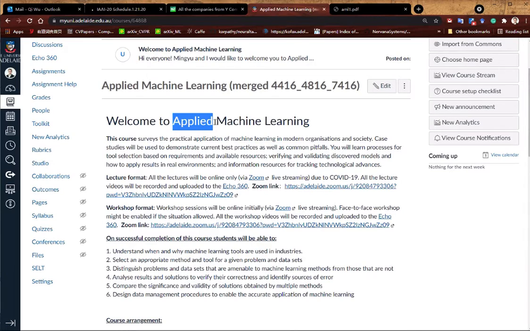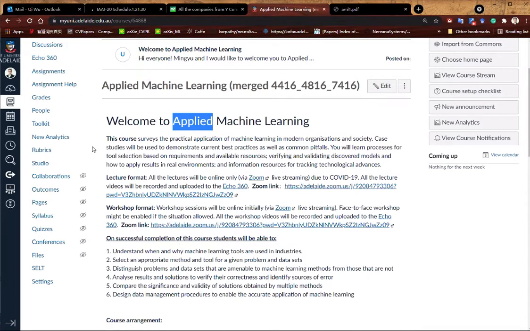We will introduce some background knowledge, very briefly, about those concepts, but we will not discuss a lot of details and mathematical things about the machine learning tools and techniques.